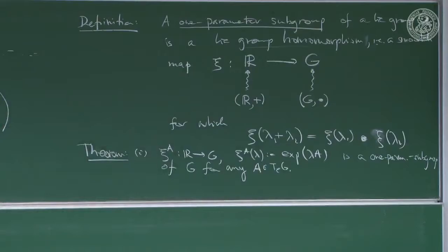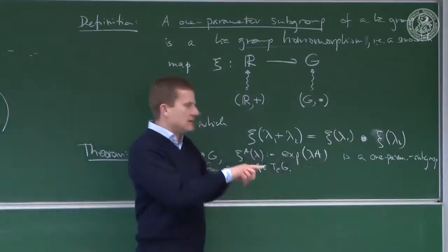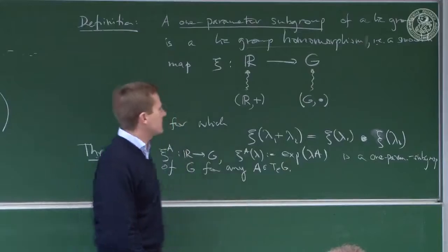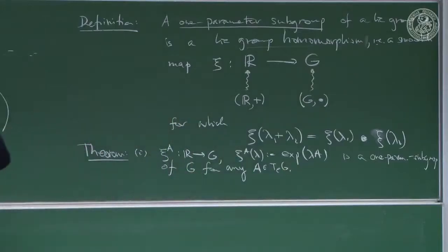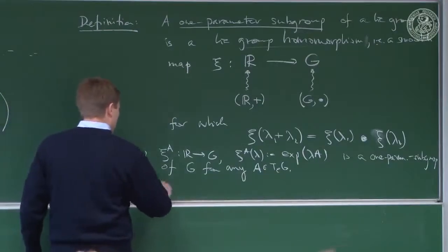Okay? So if I now take an A and then I scale it, you have a one-parameter subgroup. If you think back of the circle, right? So one-parameter subgroup you have there. So that's one thing one can show.